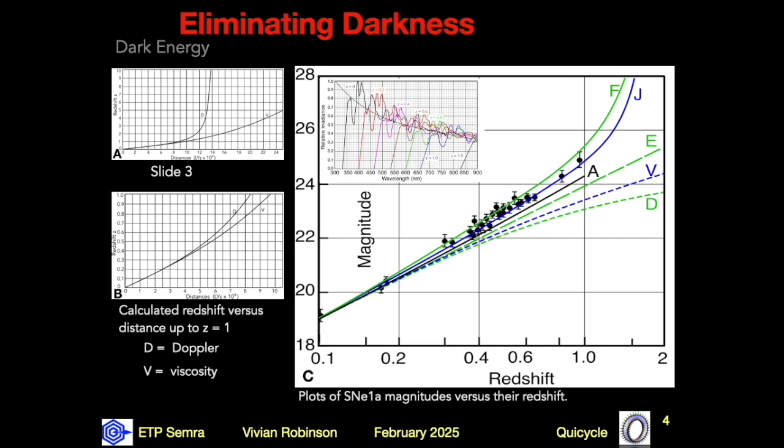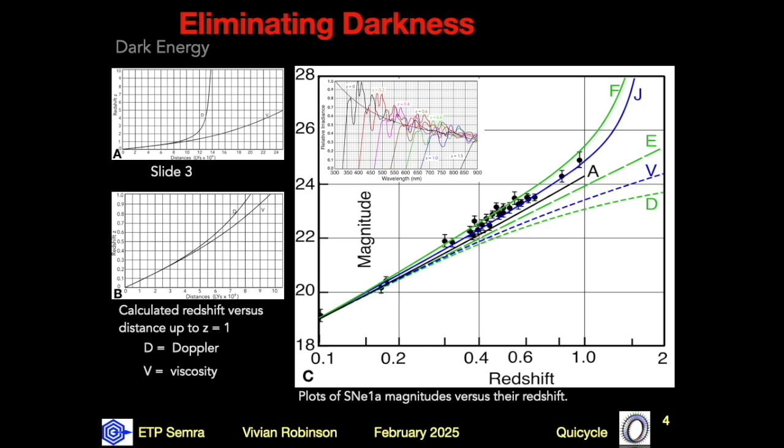Now, the D and V curves start to separate at redshift approximately 0.4. On graph C, the vertical axis is the expected SNE 1a magnitudes at different redshifts, shown on the horizontal axis. Curve V is the intensity expected from SNE 1a spectra being redshifted by the viscosity effect for their distance.